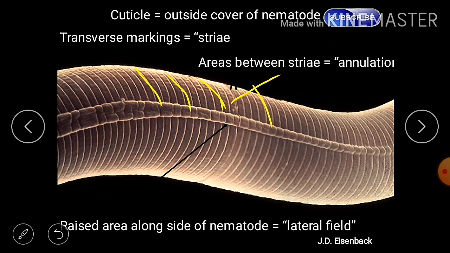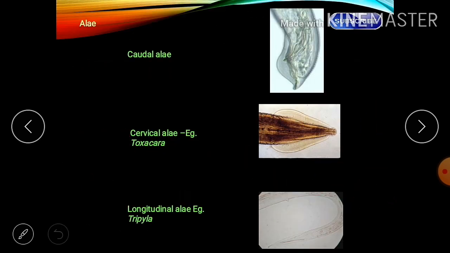The raised area along the nematode which is confined to the lateral area of the nematode is known as lateral field, given by J.D. Eisenberg.